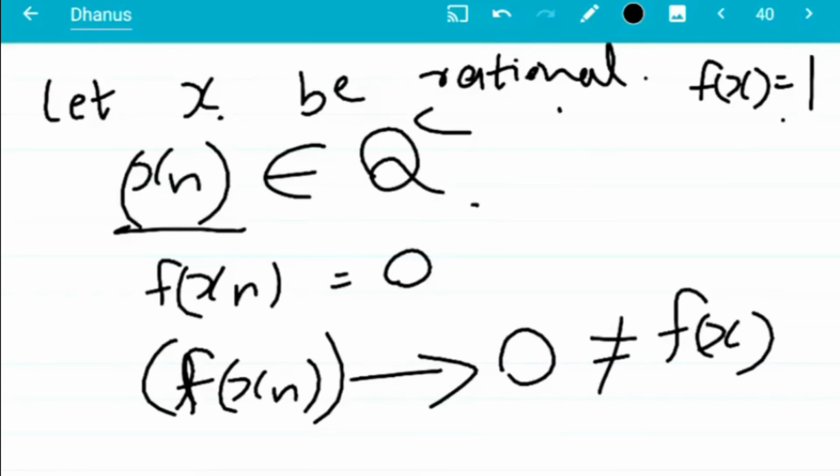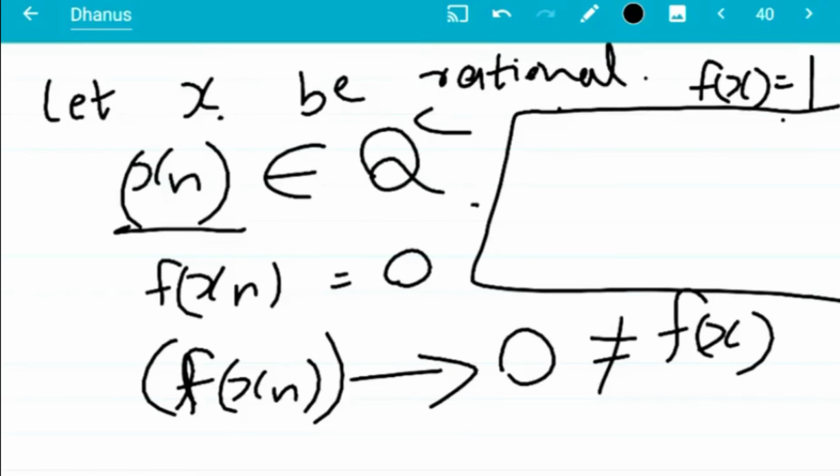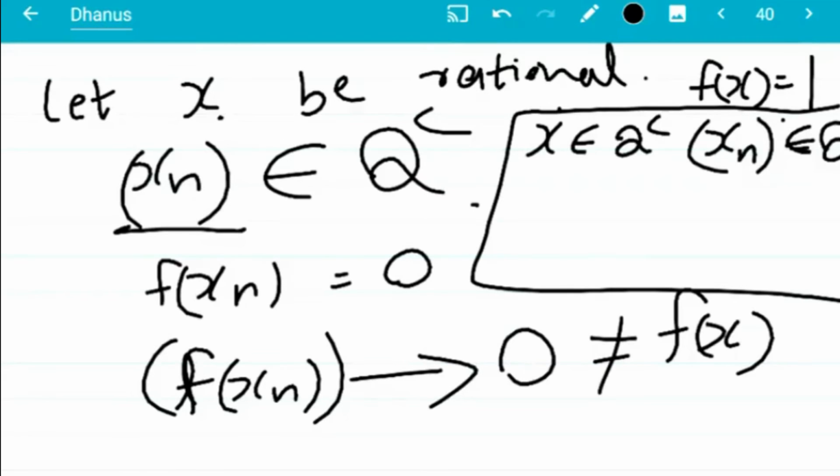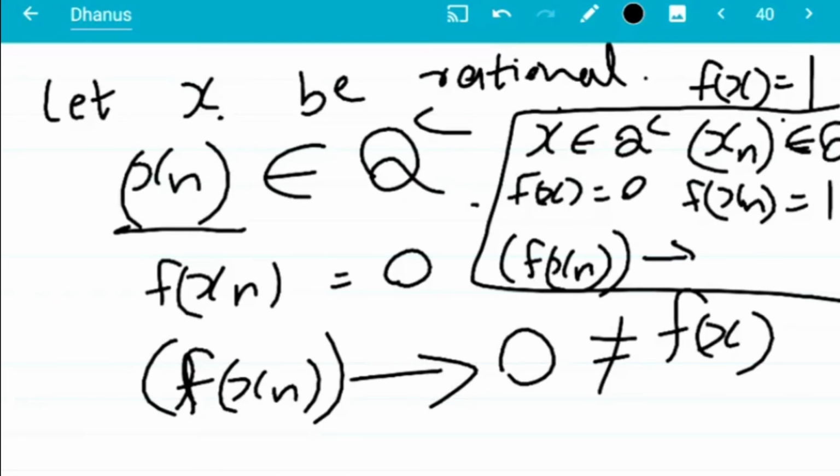That is, we choose x belongs to Q complement, and then xn belongs to Q. F of x will be equal to 0 and f of xn will be equal to 1, and f of xn converges to 1, which is not equal to f of x.